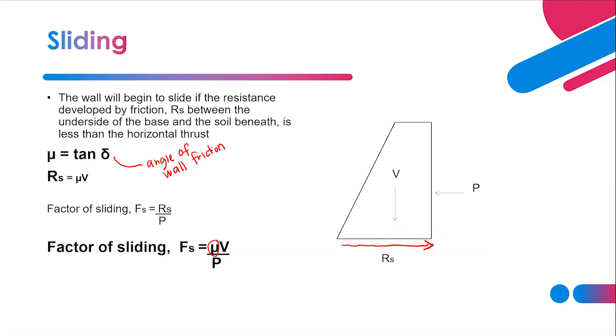Dia dihasilkan daripada angle of wall friction ni lah. Friction daripada wall ni dia menghasilkan, dia bertemu dengan ground, dia akan menghasilkan friction. Formula dia sebenarnya adalah Fs sama dengan Rs divide by P. Rs ni adalah friction. So friction ni adalah bersamaan dengan mu darab dengan V. Okay, so itu sebenarnya formula ni, nampak.